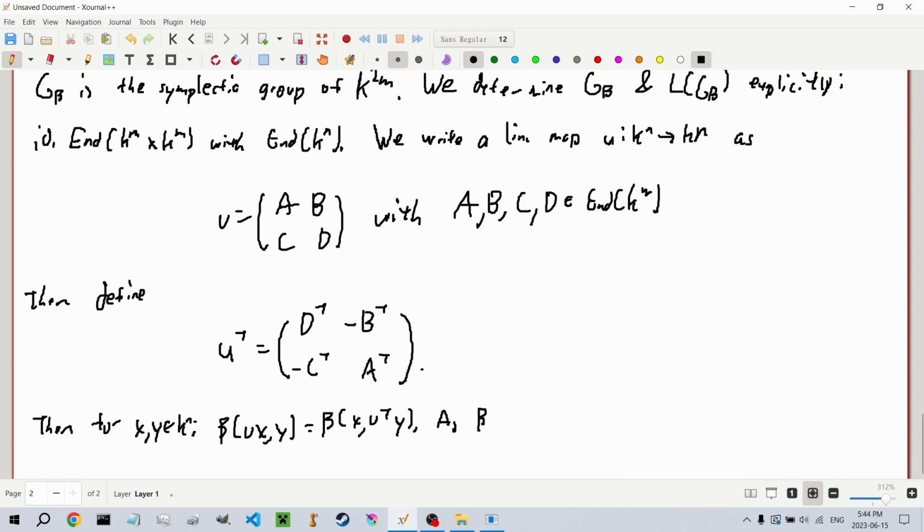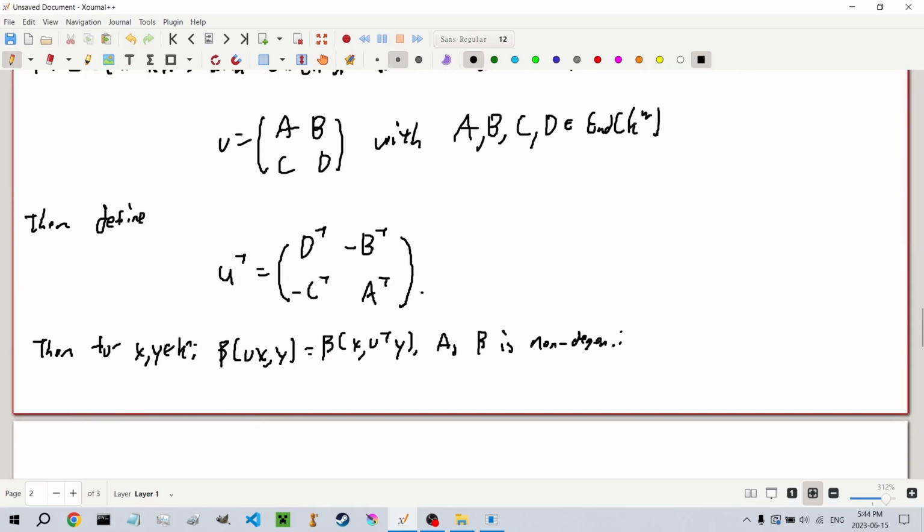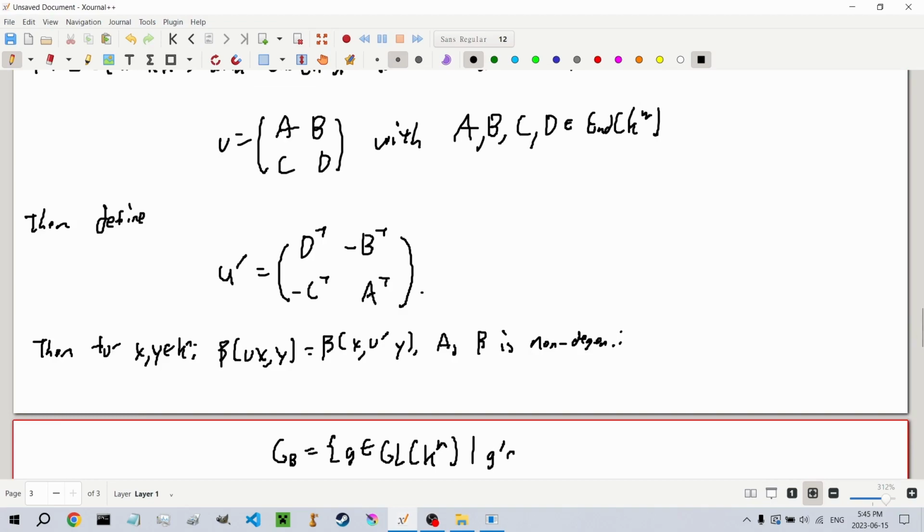And once again, as beta is non-degenerate, we get on a new page that its stabilizer are the elements of GL_n K, GL_K n, where, okay, they didn't write this as a transpose, they wrote it as a prime. Might as well make my notation consistent with theirs. So anyways, G prime and G needs to be 1 here.